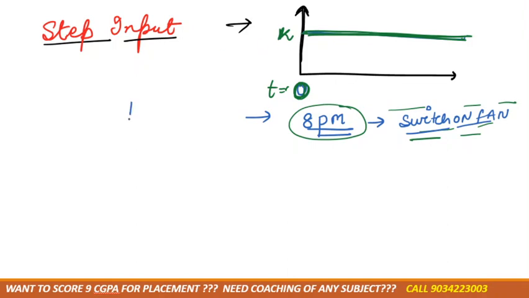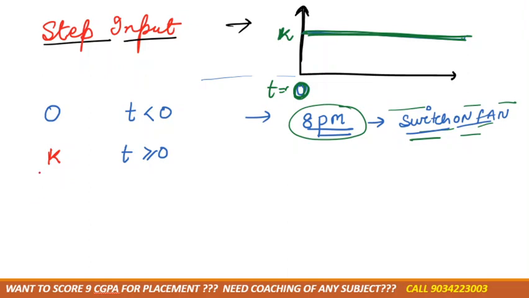So what we can write is, if t is less than 0, then the output is 0. For t greater than or equal to 0, in that case the output is k, right? We write it like this.